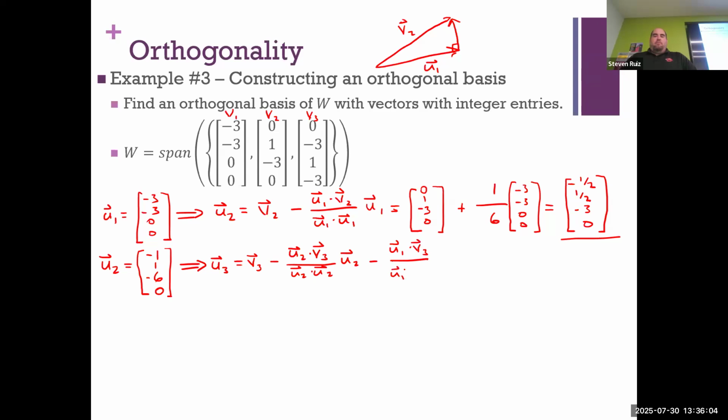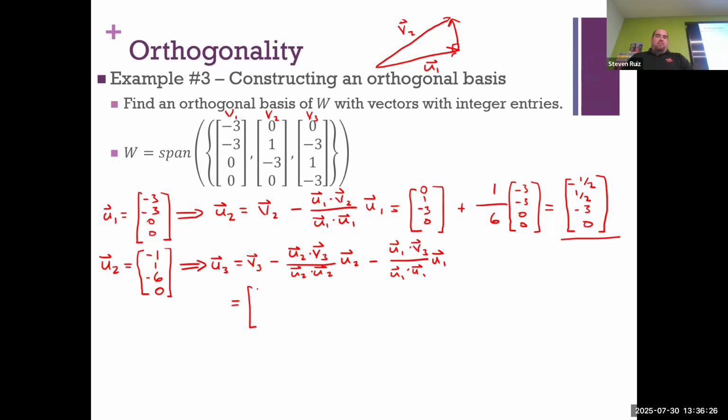One times V1. Good. So I want the information of V3. I want the information that's in U3 that doesn't share any directionality with U2 or U1. So that's why I'm subtracting these things off.